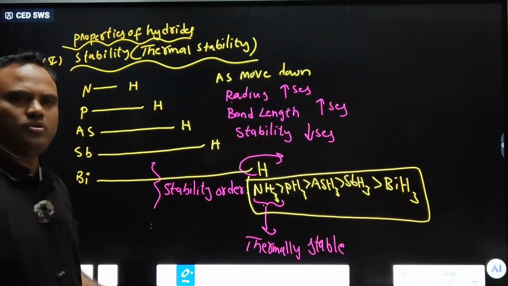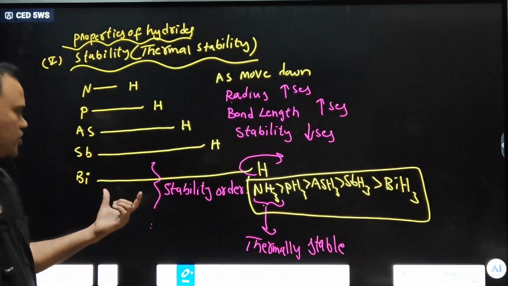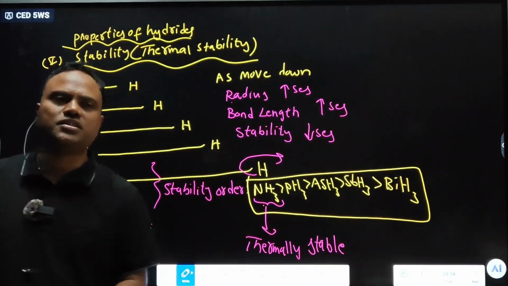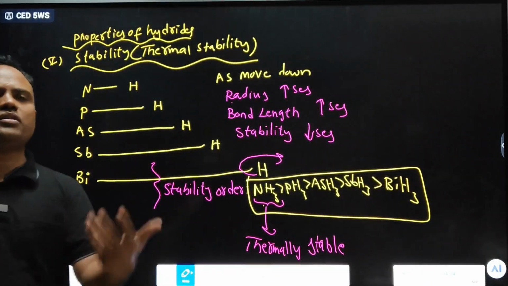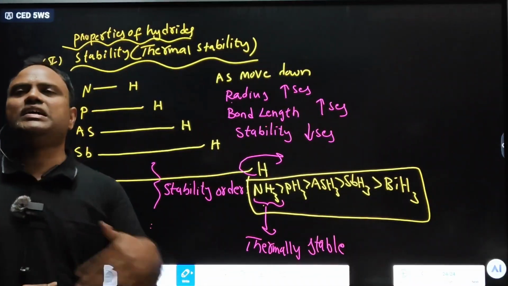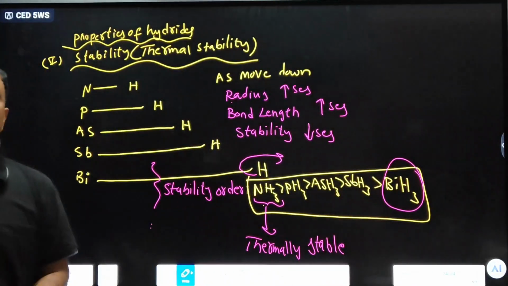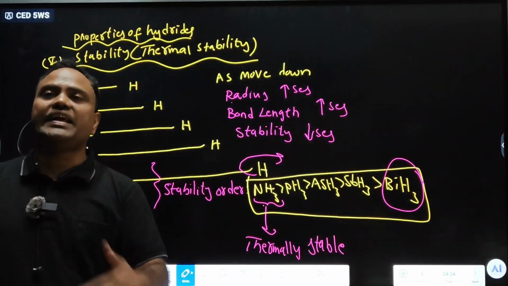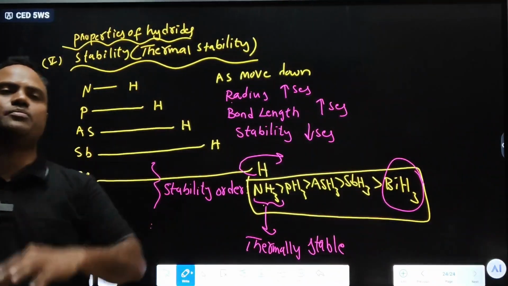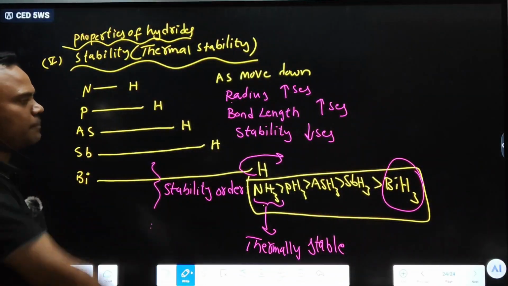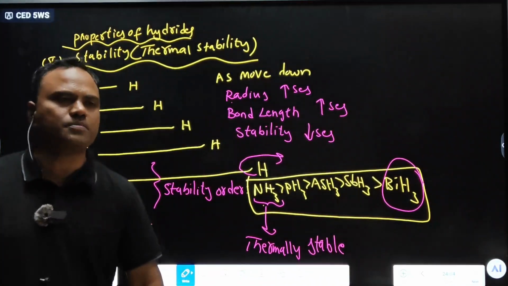Less stable, you can break it easily. So which compound releases hydrogen easily? The one which is unstable will release hydrogen easily. BiH3 is unstable, so it releases hydrogen easily. The ability to release nascent hydrogen is called reducing property. Reducing property depends on the stability concept only.